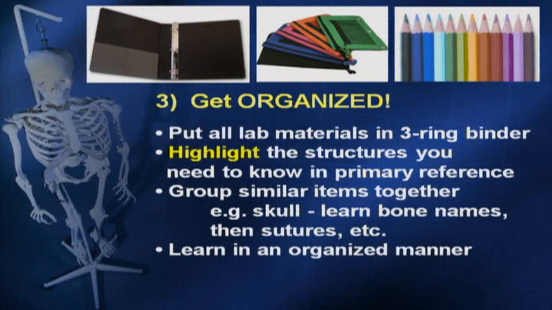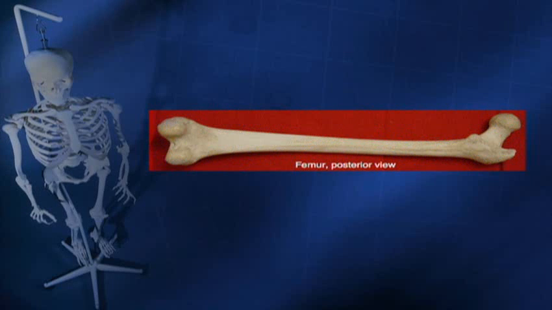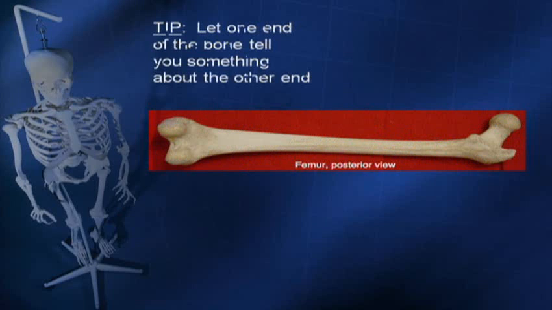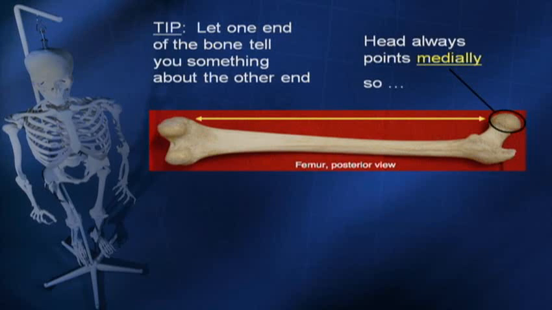Finally, another example of learning in an organized manner would be like what we see in this next slide. If we look at this, this is an example of the long bone that we showed earlier, the femur, longest long bone in the body. A good tip for this one, as is shown in the slide, is it says, let one end of the bone tell you something about the other end.